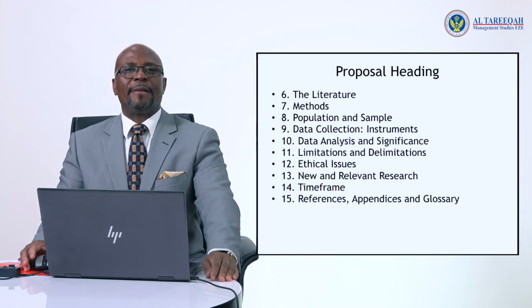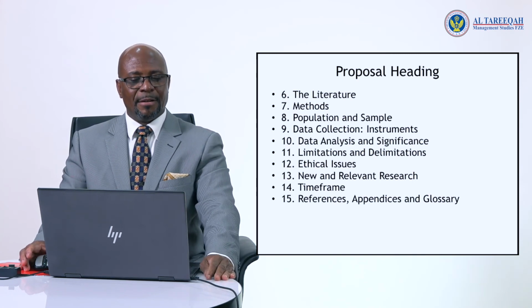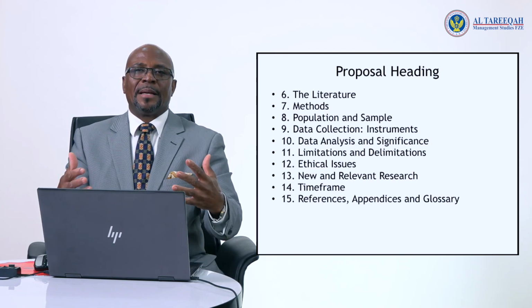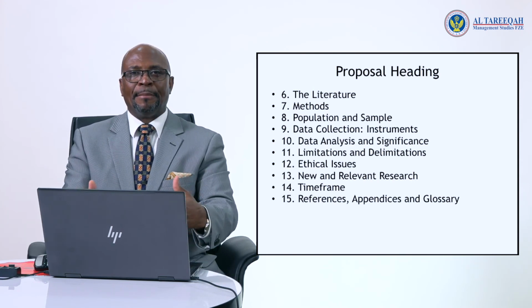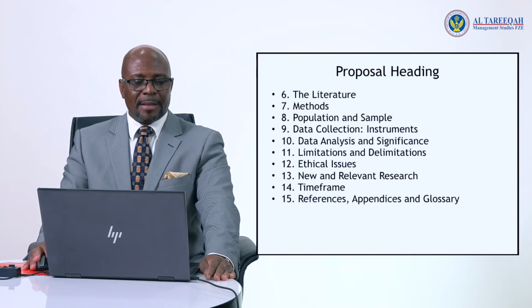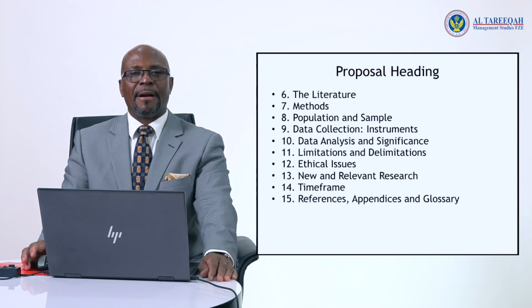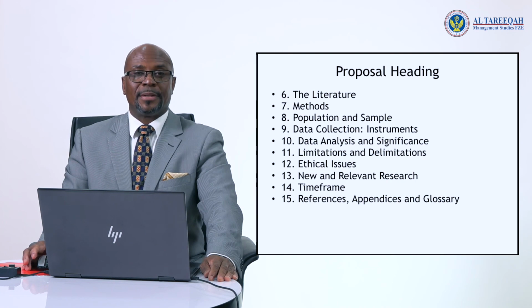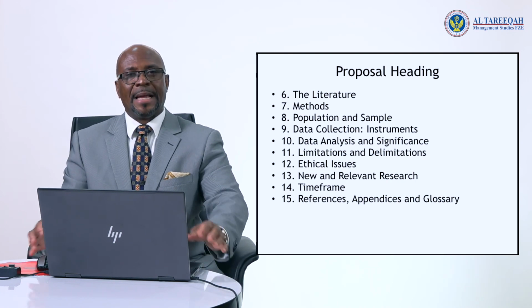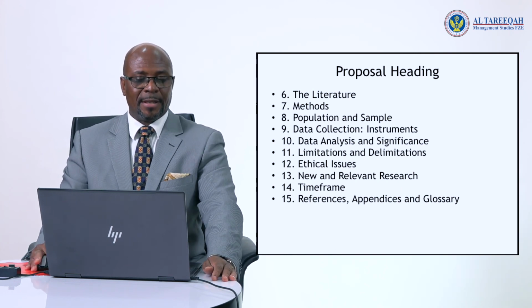Number 11, you have to show the limitations of your research. Number 12, you have to state the ethical issues that will surround your research. And of course, the last but not the least is you have to have a list of references that you use in your proposal, as well as the appendices if you had some attachments. So these 13 sections is what we will be dealing with today.